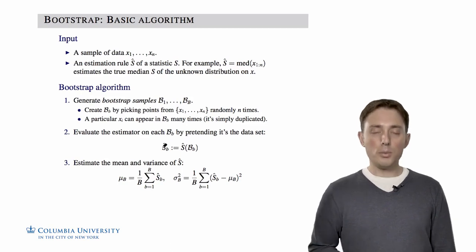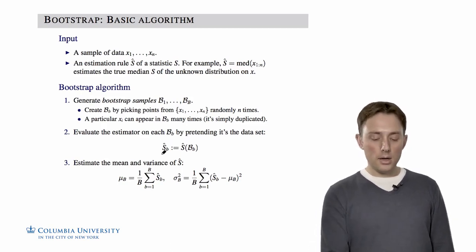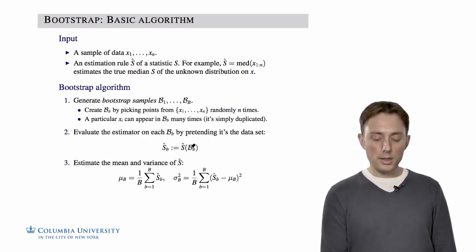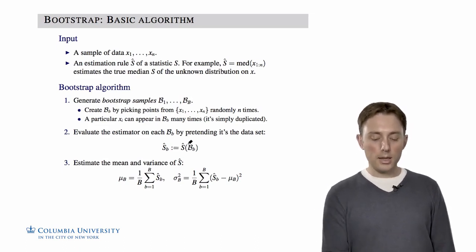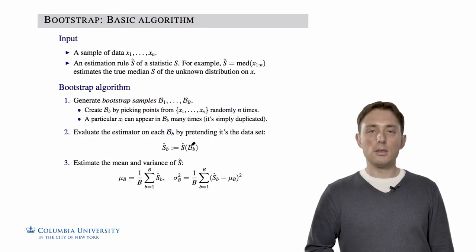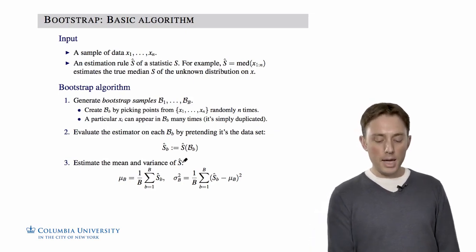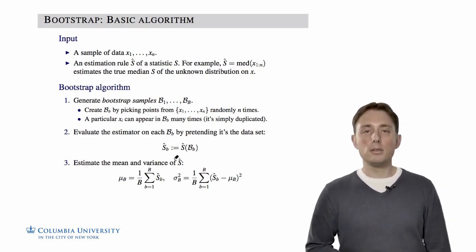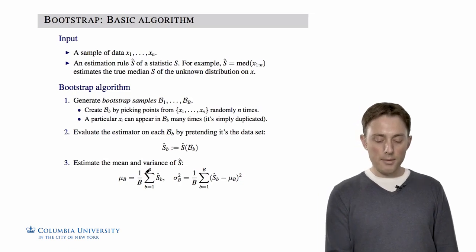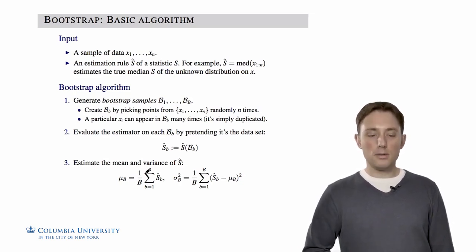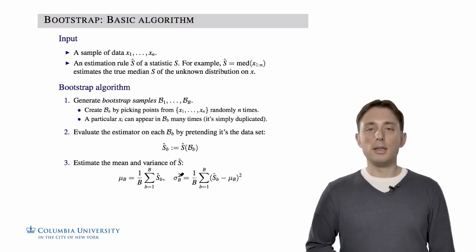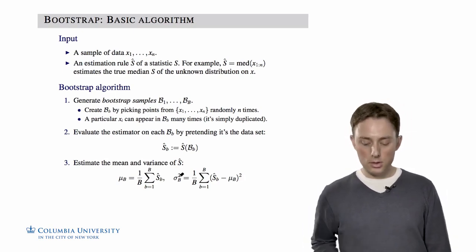And then when we want to calculate our statistic, we simply calculate it using the bootstrapped set. For example, for the median, we calculate the median of the bootstrapped data set. And then we estimate the mean and the variance of our statistic by averaging over our bootstrapped calculations of the statistic and then calculating the empirical variance, which gives us some uncertainty.